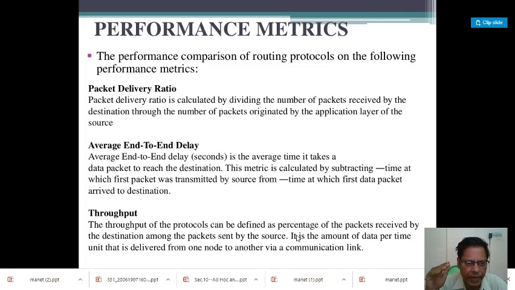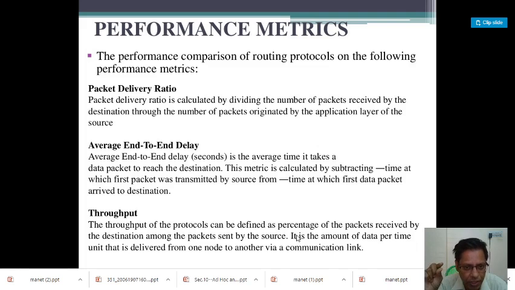What about the packet delivery ratio? Packet delivery ratio is calculated by dividing the number of packets received by the destination by the number of packets originated by the application layer of the source. Okay, and average end-to-end delay, in seconds per minute, is the average time taken by a data packet to reach the destination.